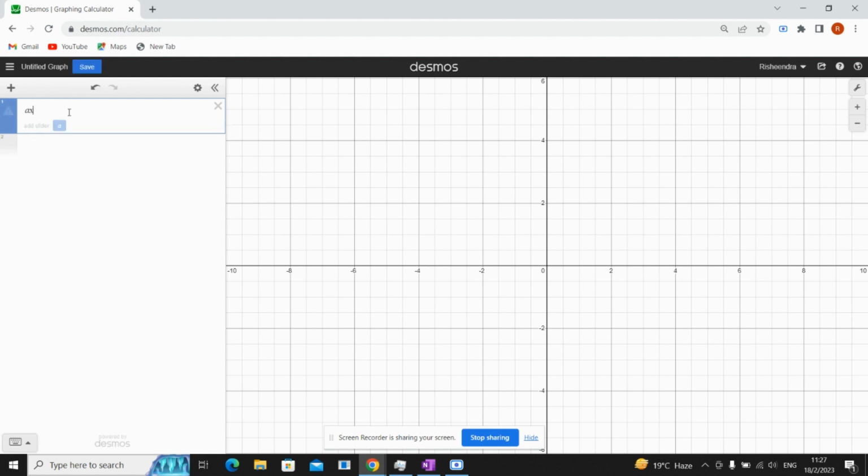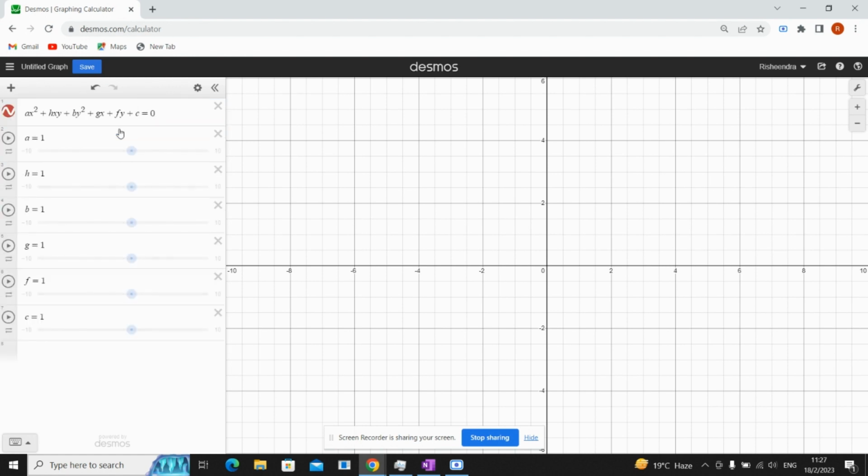Taking ax square plus, instead of 2hy, in the general format I'm taking just h, then by square plus gx plus fy plus c equals 0.